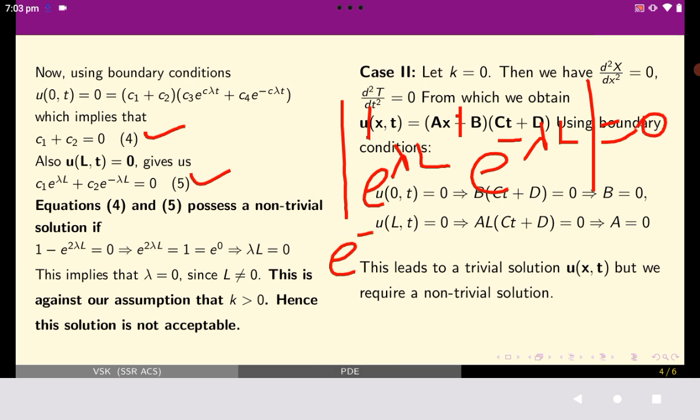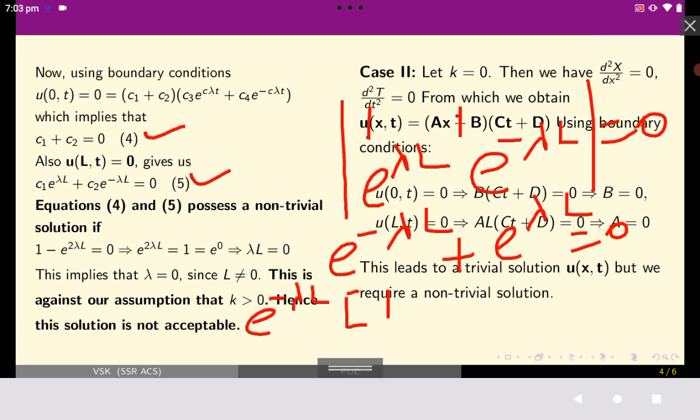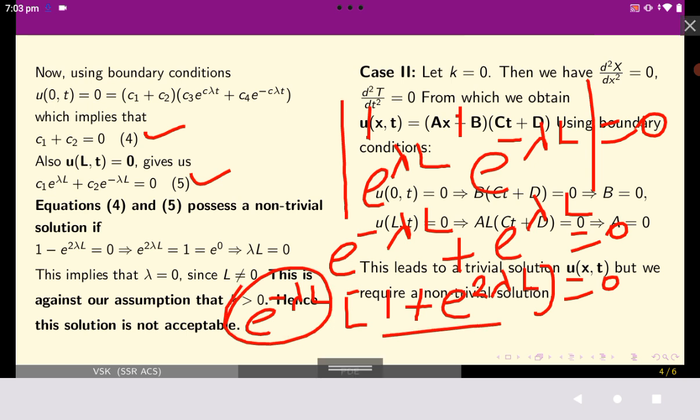This gives e to the power minus lambda L plus e to the power lambda L is equal to 0, and taking e to the power minus lambda L common, we get e to the power minus lambda L into (1 plus e to the power 2 lambda L) is equal to 0, and because the first factor is never 0, we obtain the second equal to 0.